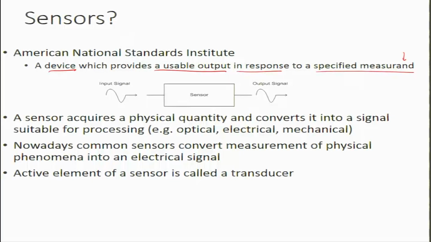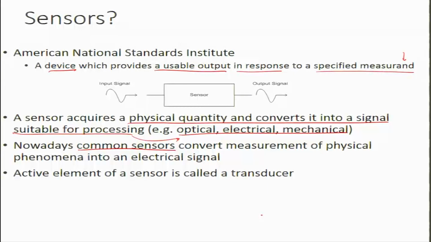Now a sensor may acquire a physical quantity and convert it into a signal suitable for processing. Signals could be optical, electrical, mechanical. You learned some things about transduction, which is about this conversion. Very commonly, because we are talking about computer assistance on one side, and the enablement of digitizing everything, it is quite common these days that sensors be integrated to physical phenomena which generate an eventual electrical signal.